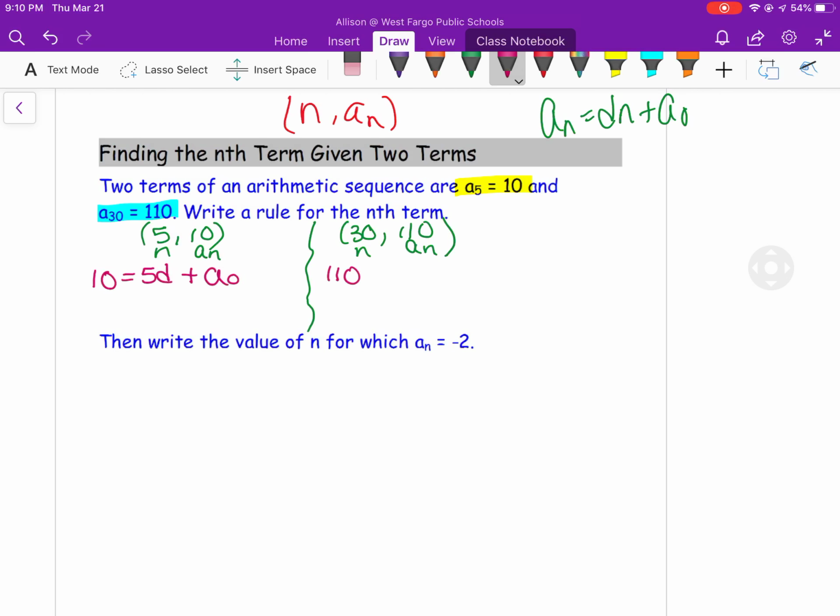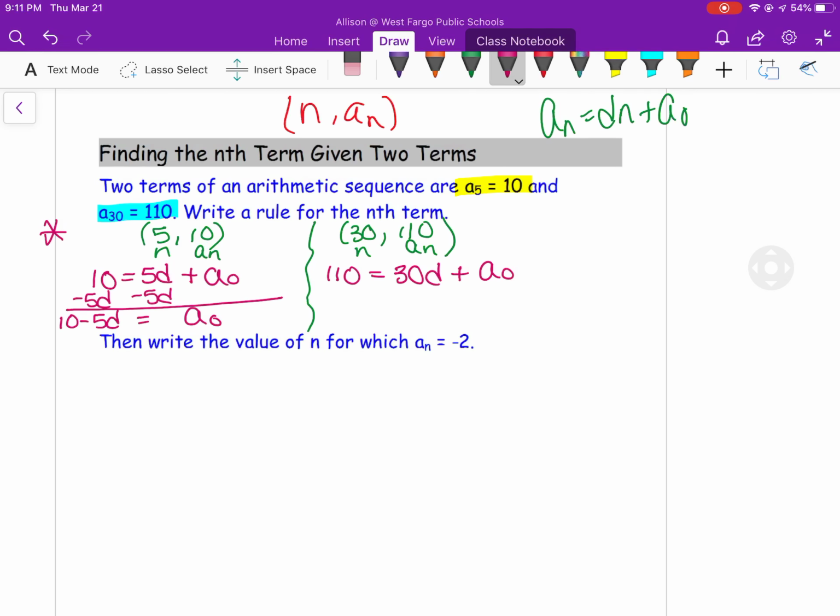Over here, I'm going to have 110 equals 30d plus a sub 0. Now we're going to have to do some substitution. So I'm going to solve this side for a sub 0. So subtract 5d from both sides, and I'm going to end up with 10 minus 5d equals a sub 0.